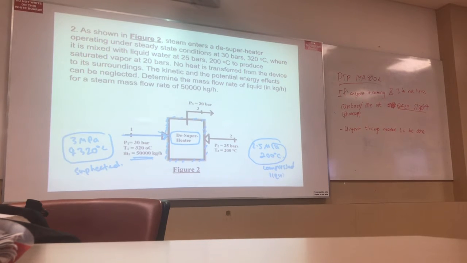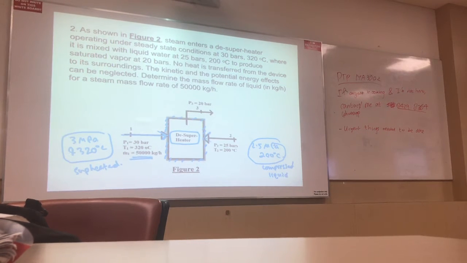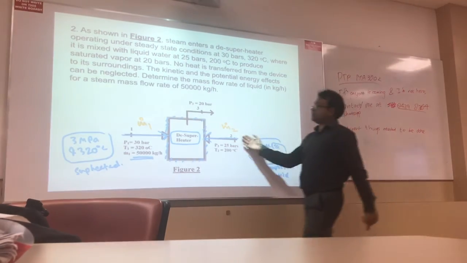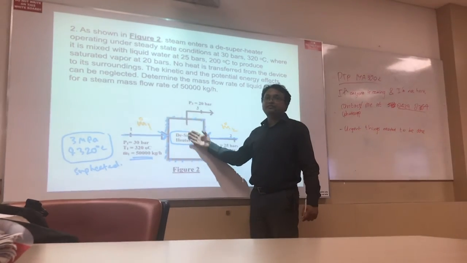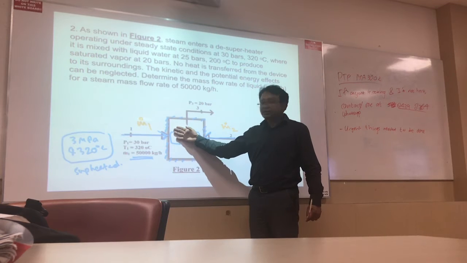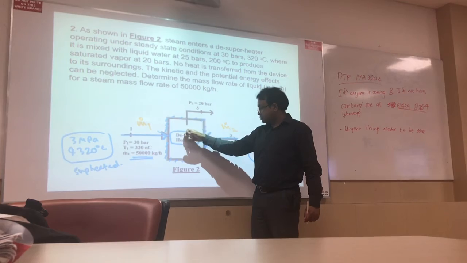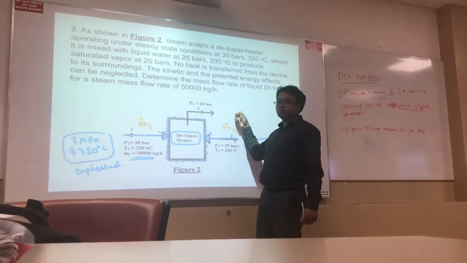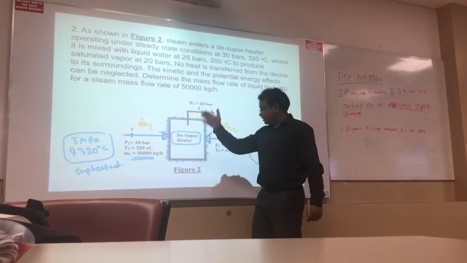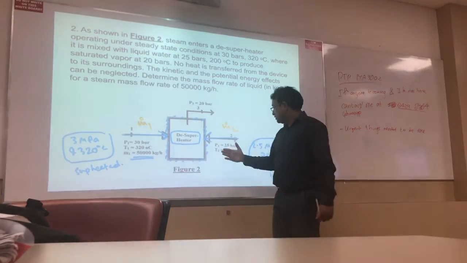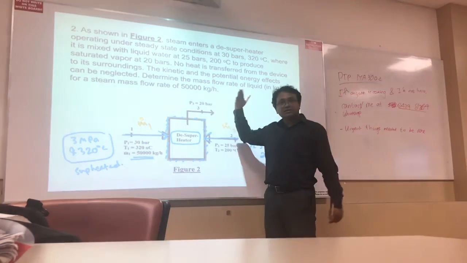This compressed liquid enters into the desuperheater. So we assume the mass flow rate here is m dot 1 and here is m dot 2. Then it enters the desuperheater, and saturated vapor is generated. From this outlet, the vapor goes to another system. So this is superheated vapor, this is compressed liquid, this is saturated vapor.